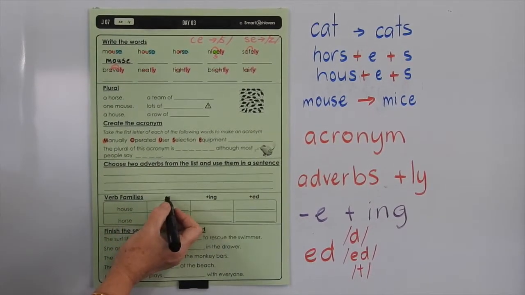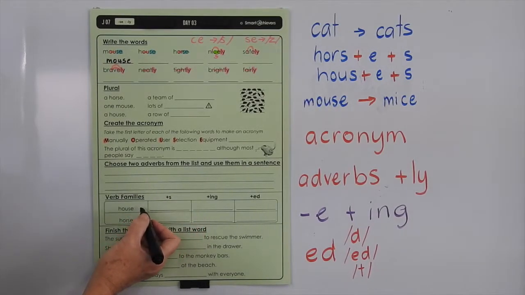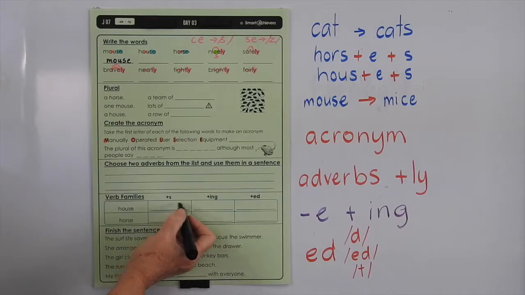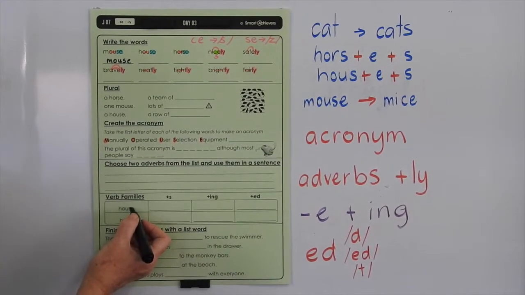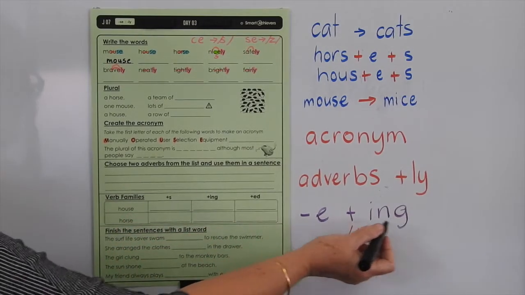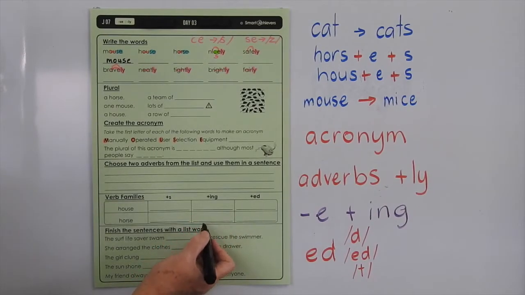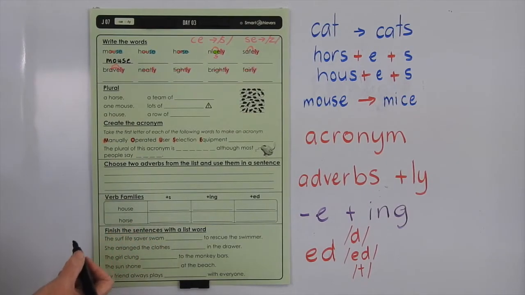Now verb families, we know we quite often add S. So we're going houses, housing, housed. So here, if a word ends in E, we're going to make the E go away when we add the ing here, housing, horsing. So when you use horse as a verb, you mean someone being silly.